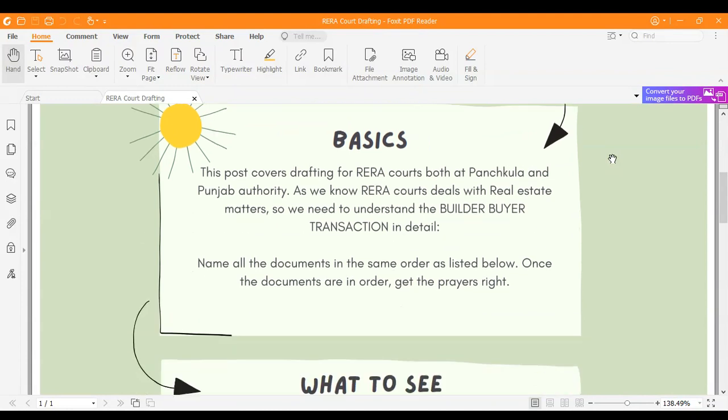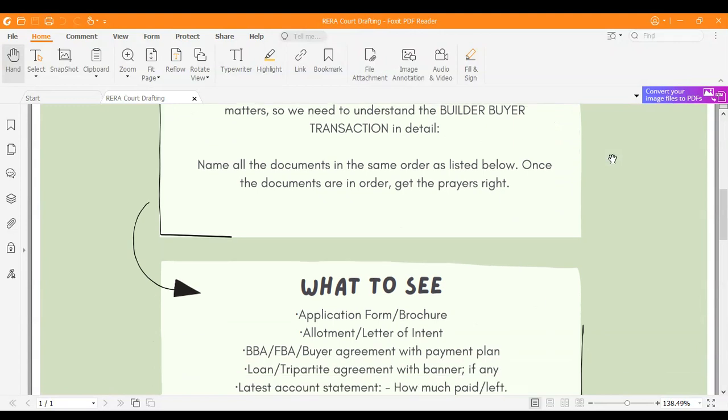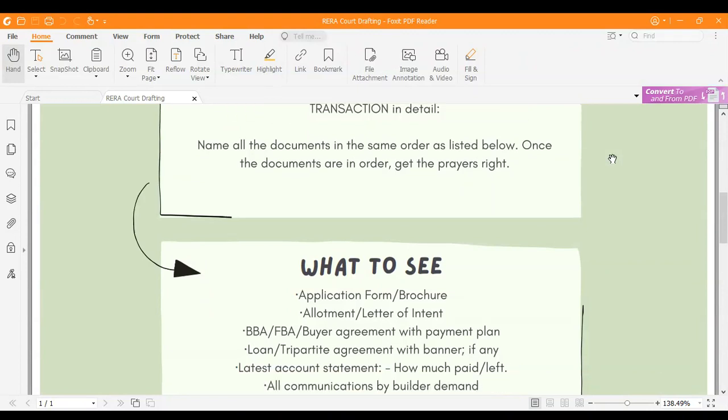So, before we begin, we need to understand what is there in the real estate transaction when a home buyer purchases a unit, plot, flat, or commercial project unit. So one should see the application form, the brochure, what was shown, how the form was filled, what was advertised.